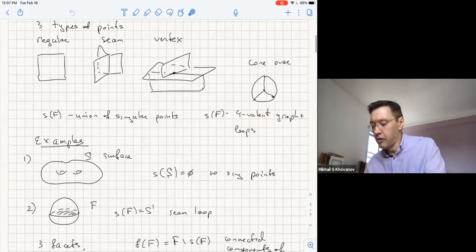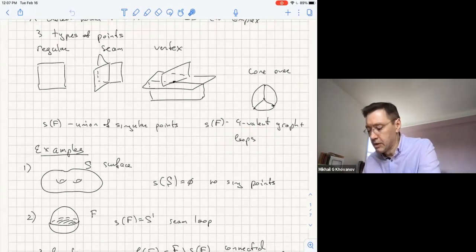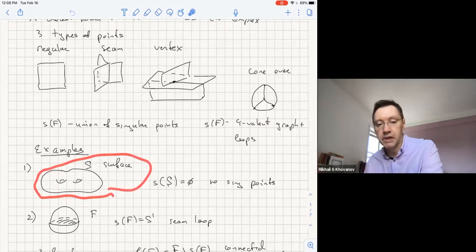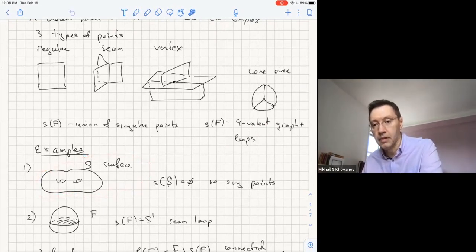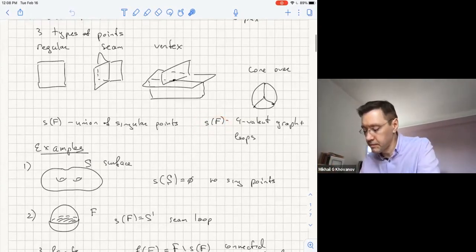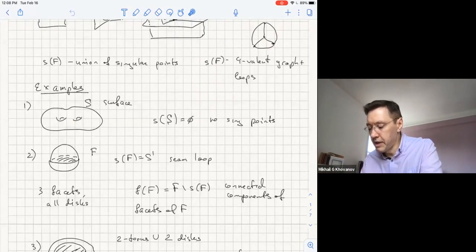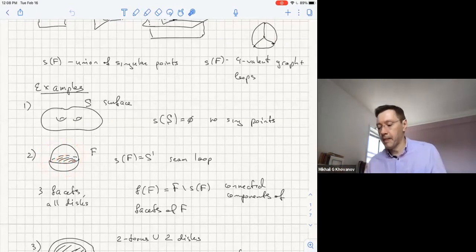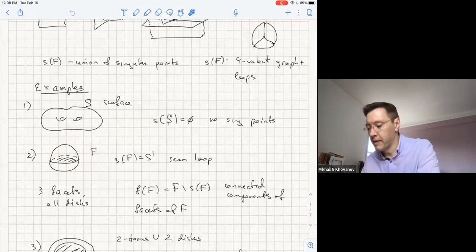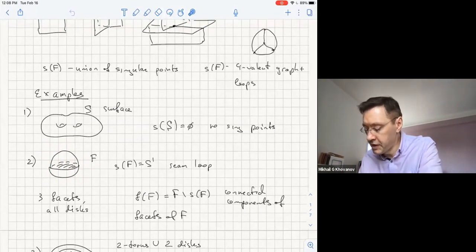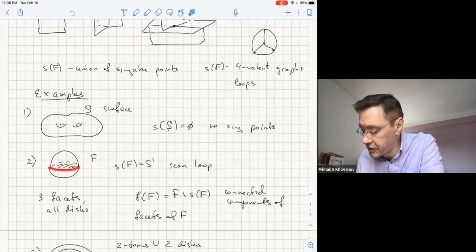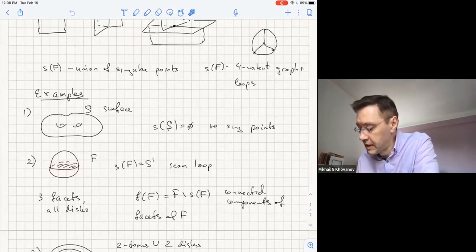Examples of forms. Any surface embedded in 3-space is a form with empty S of F, no singular points. Another example: take a sphere and add an equatorial disk. Then that's a form with a singular graph, the circle, no vertices.